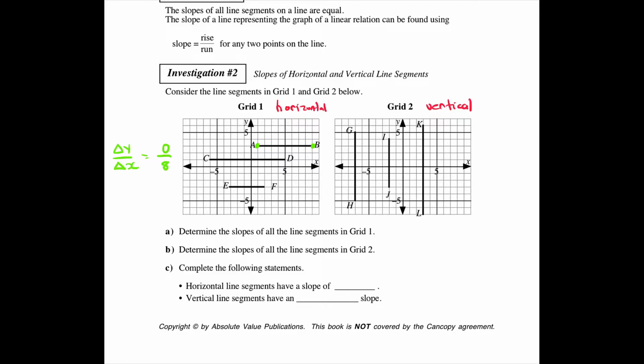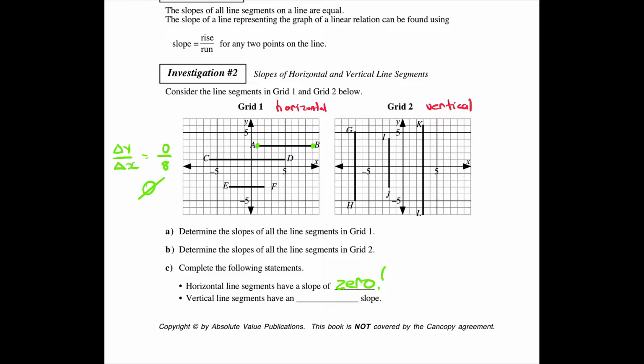But no matter what, when we take a 0 that's in the numerator and we divide it by any value, positive or negative, in the denominator, we get a value of 0. So any horizontal line, doesn't matter the length or its position, will have a slope of 0.